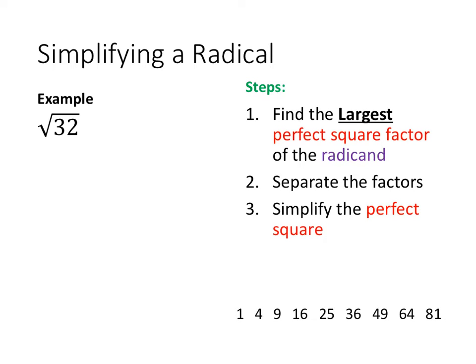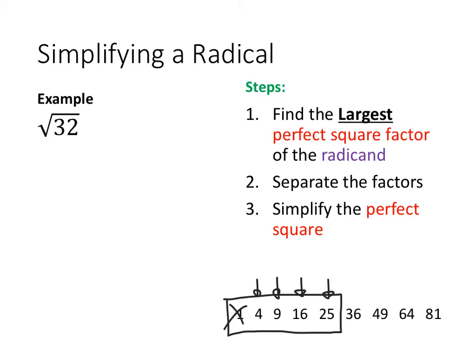Obviously factors can't be any larger than the number itself, so we can cut that off and only look at these particular values right here. Now we're going to eliminate 1 because 1 isn't very useful to us, even though it's still a perfect square. So we need to figure out if 4, 9, 16, or 25 will divide into 32.